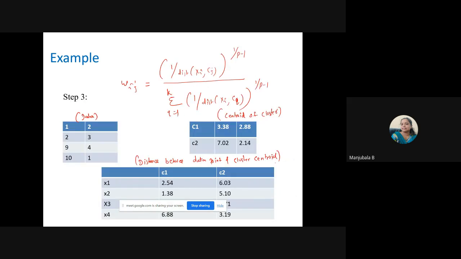Okay. Next, in step 3, you have to update the weight matrix, because your target is, depending upon the weight matrix, you can take some decision, right?